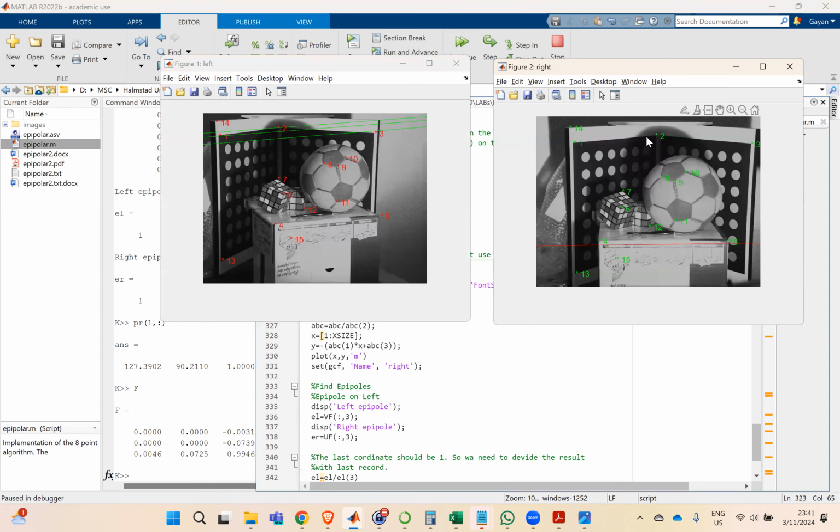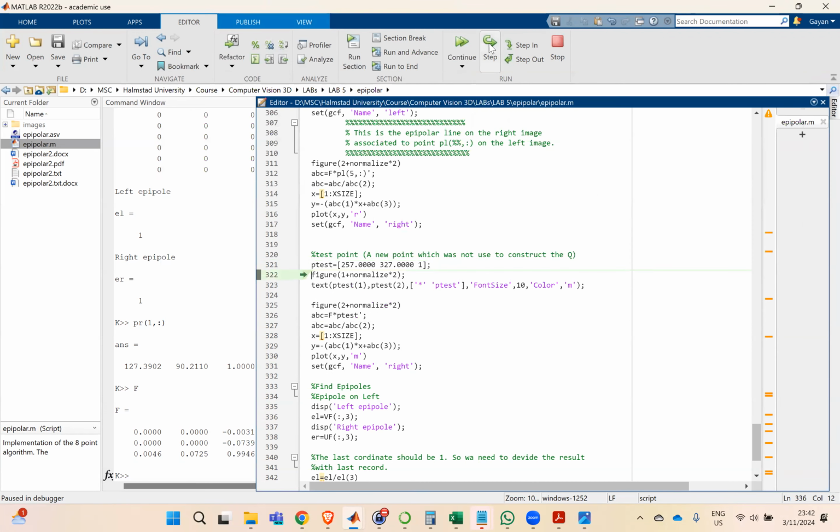For example, for point number 2, we already know the position of point number 2. This is the data we used to construct. So now we will give a new point somewhere else, and since we have the F matrix, we'll try to construct the same, because the F matrix is constructed with these points, by giving these 15 points. So we'll give a totally new value, and we'll see how it does.